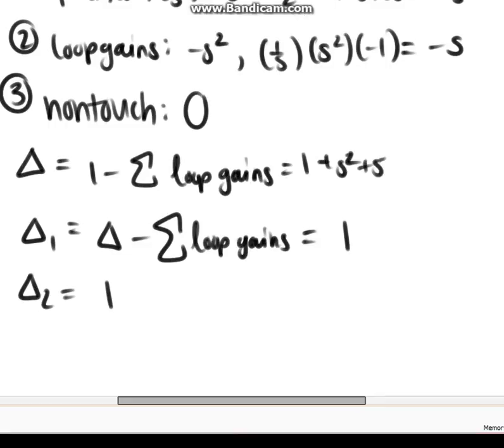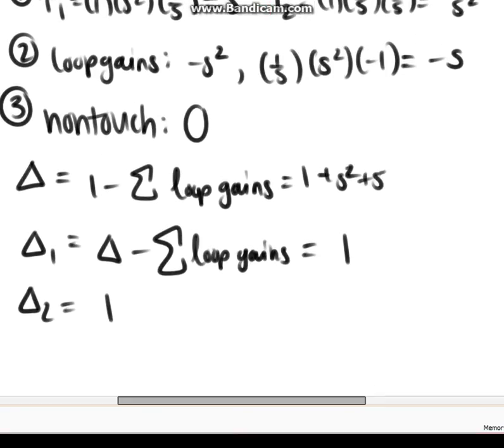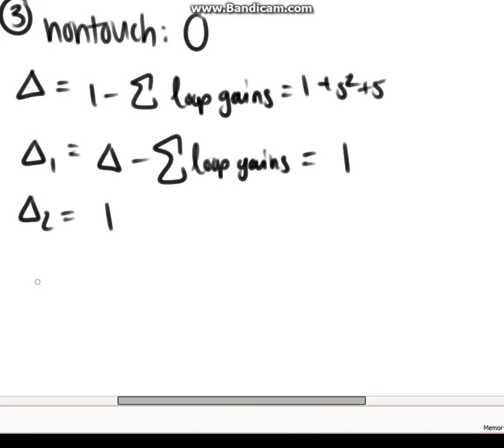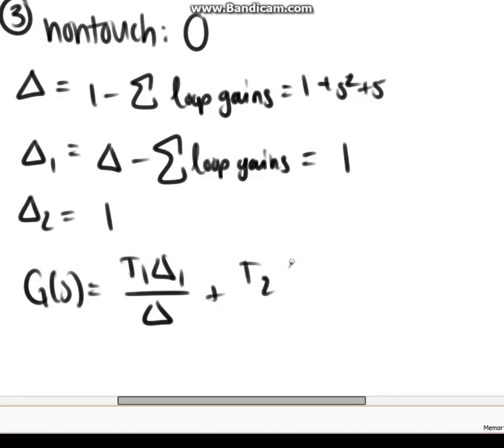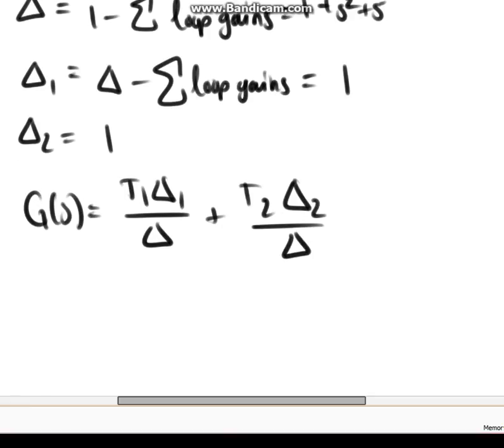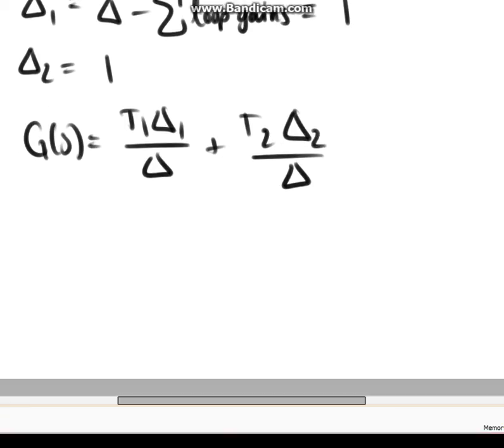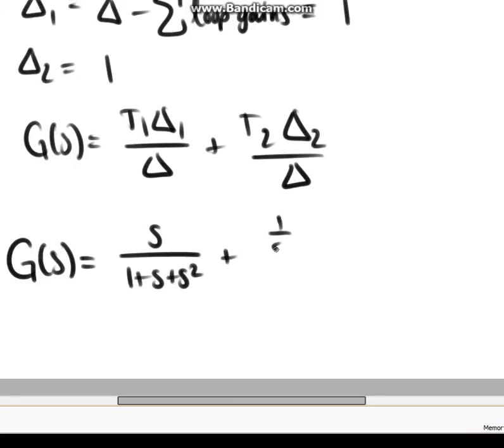Now we have all the parts that we need to find our transfer function. G of S is T1 times delta 1 over delta plus T2 times delta 2 over delta. Plugging in the values that we found, G of S ends up being S over 1 plus S squared plus 1 over S squared, times 1 over 1 plus S squared.